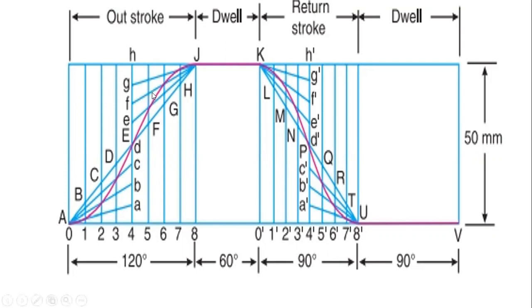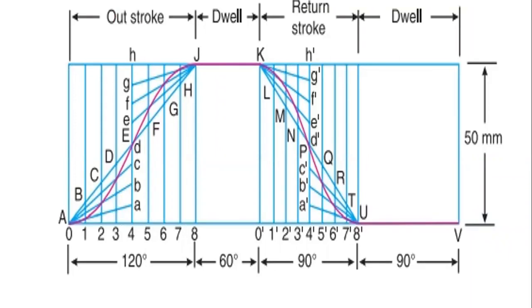First one is the outstroke. For the outstroke, we have an angle of 120 degrees. For drawing the displacement diagram, you need to know how to draw the rectangle first.